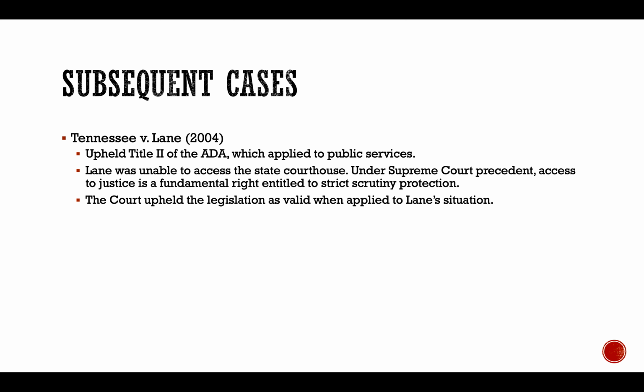And you can see that approach described at the bottom of 1007 over to the top of 1008. And this is a 5-4 opinion. Rehnquist switches back his vote, but Justice O'Connor stays with what had been the Hibbs majority. And so you get this 5-4 vote upholding Title II of the ADA as a valid Section 5 piece of legislation, allowing an individual to sue a state for damages.